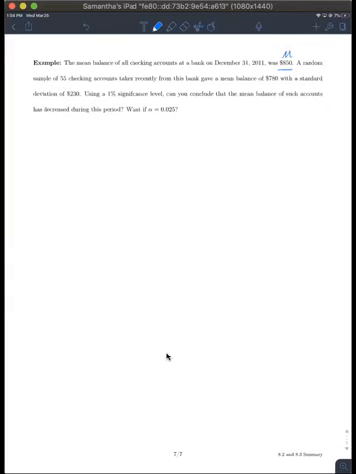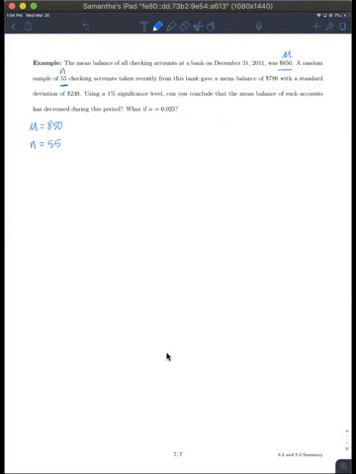And then it says a random sample of 55 checking accounts. So what is this 55 referring to? Yeah, that's n. And so I'll start making a little list. n is equal to 55. And it says from this sample, the mean was $780.